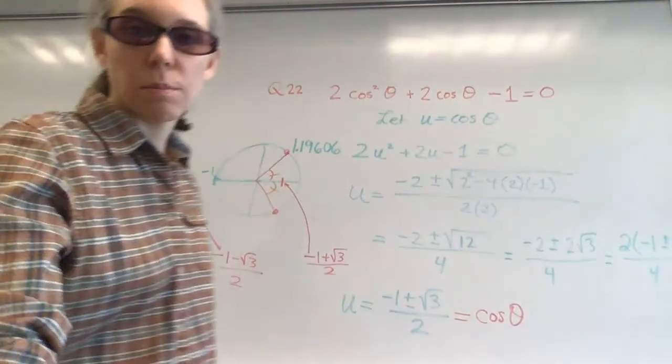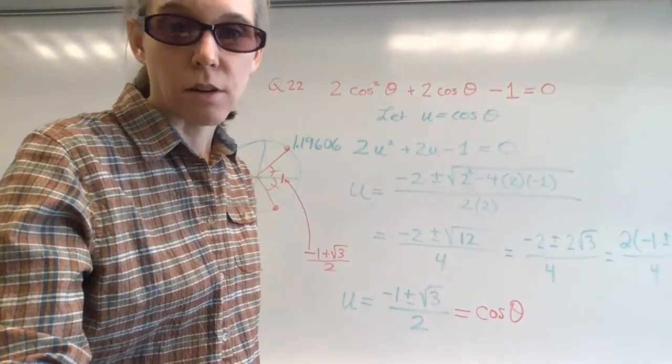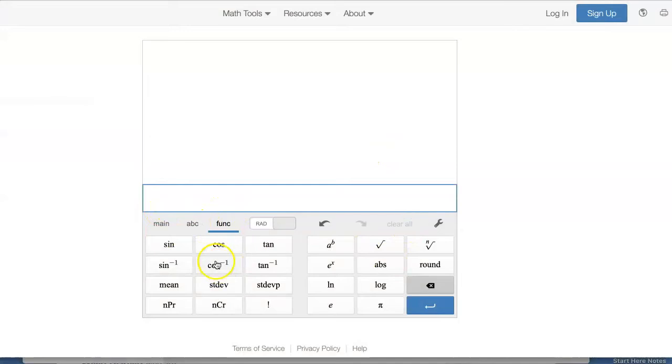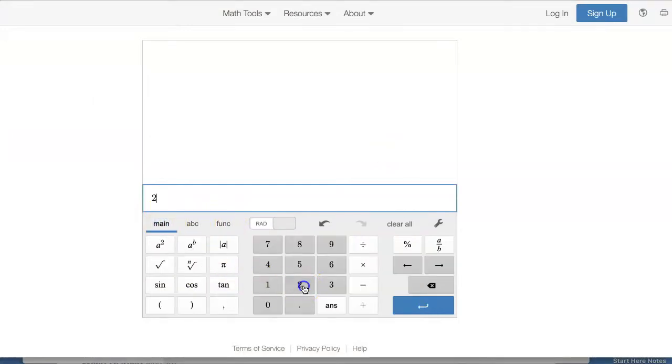Okay, so let's go back to the scientific calculator now, and we're going to take 2 pi and subtract 1.19606, and we get 5.0871.